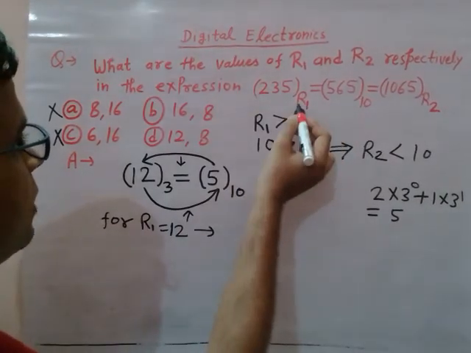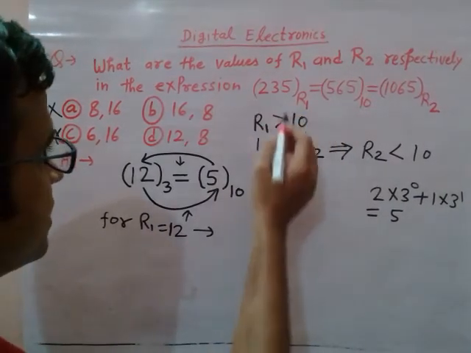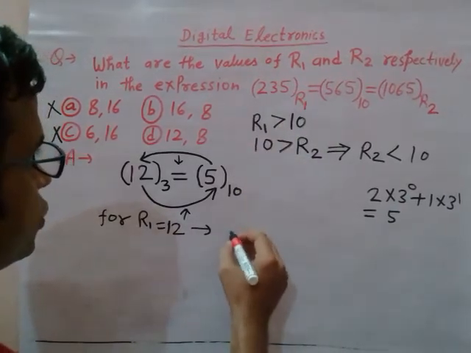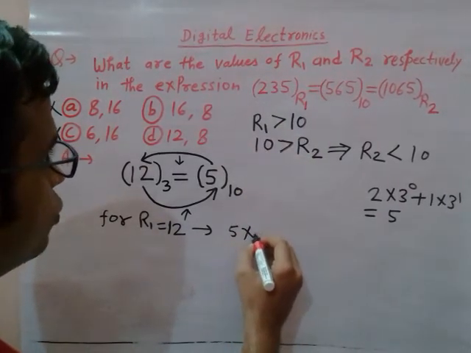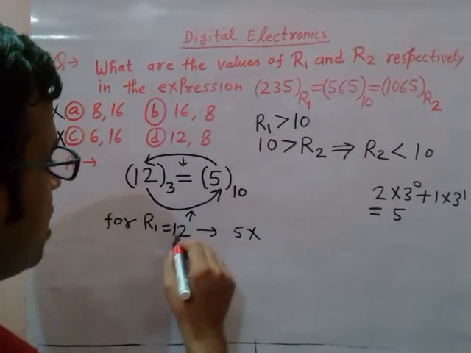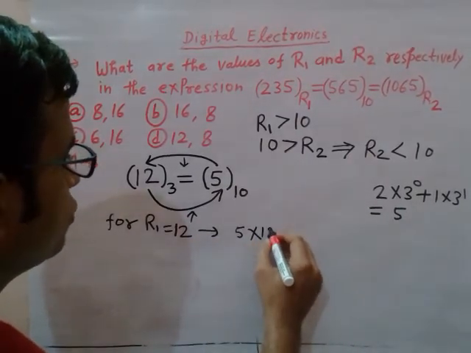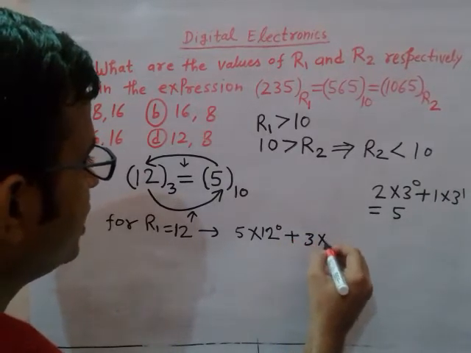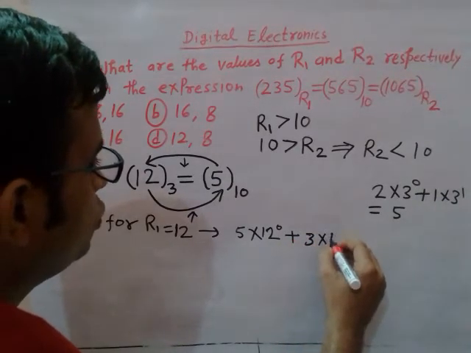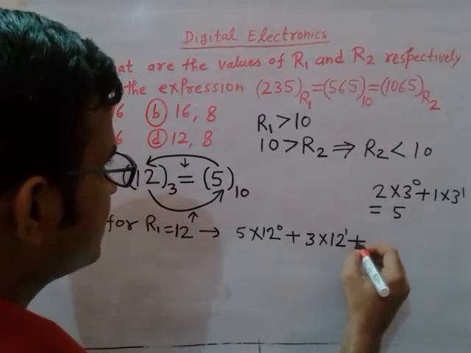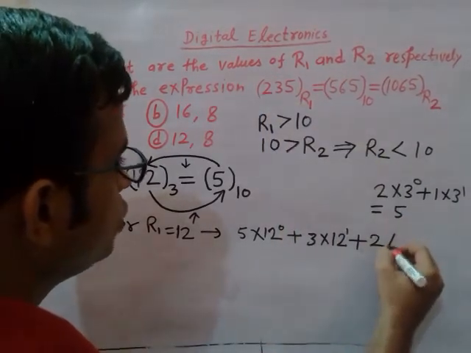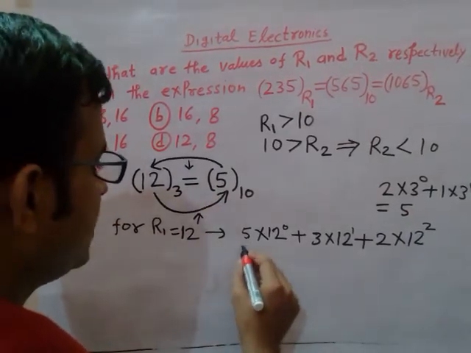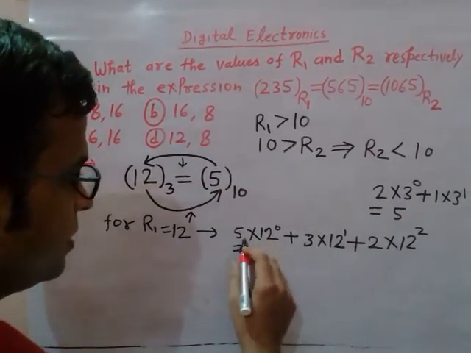When R1 is equal to 12, see here what is the decimal equivalent of this value 235. So 5 into 12 to the power 0 plus 3 into 12 to the power 1 plus 2 into 12 to the power 2, right?